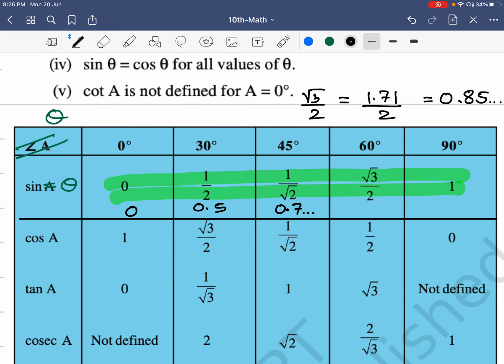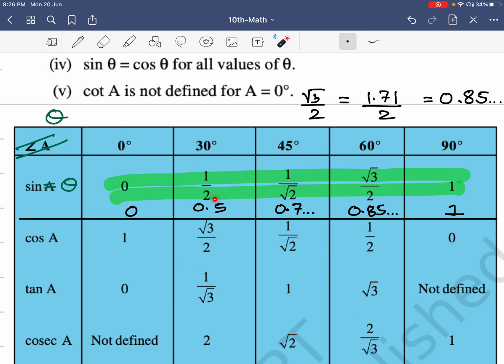From the first decimal digit itself we can conclude. So let me make a note here. This is 0.85 and so on, and this is 1. So yes, clearly we can see that as theta is increasing here, although we have just 5 values of theta, but if you take any random value of theta, even between 30 and 40, even between 45 and 60, even between 60 and 90, you can see sine of theta will be increasing.